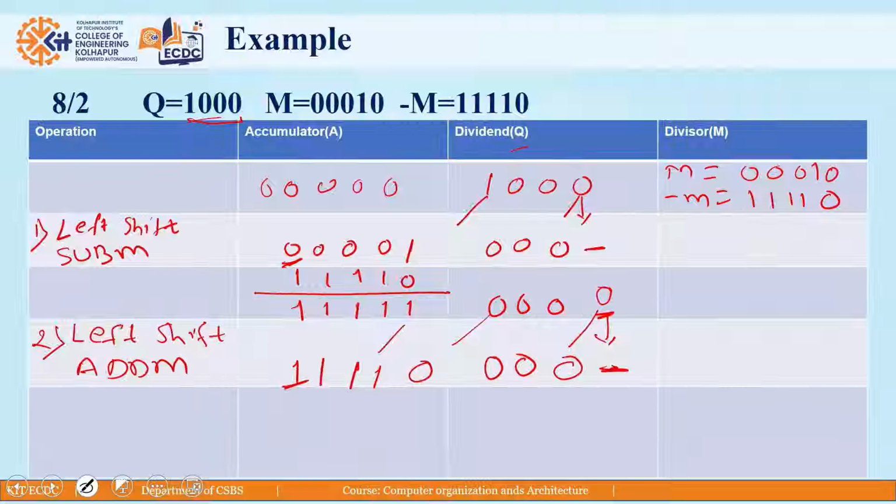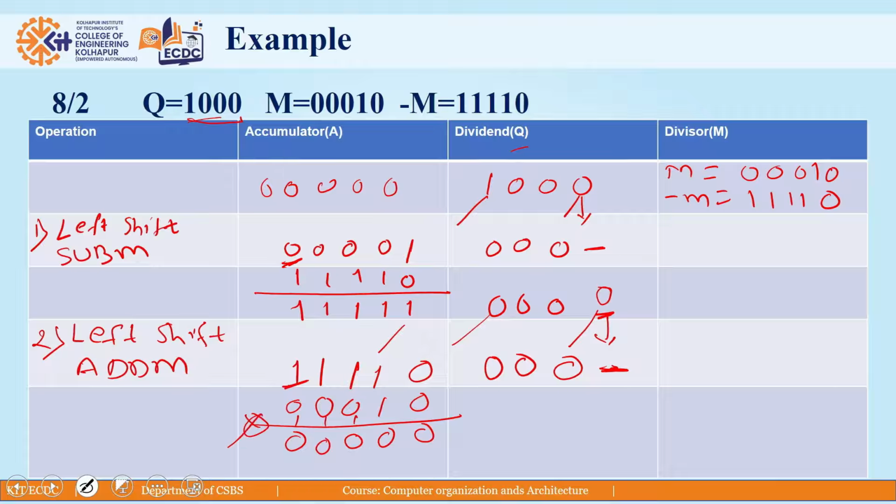For add M, this M is added to the accumulator, 00010. Just do the addition, and this carry 0 we neglect. And now, for this value 000, take the 1's complement of this number, it should be 0001.